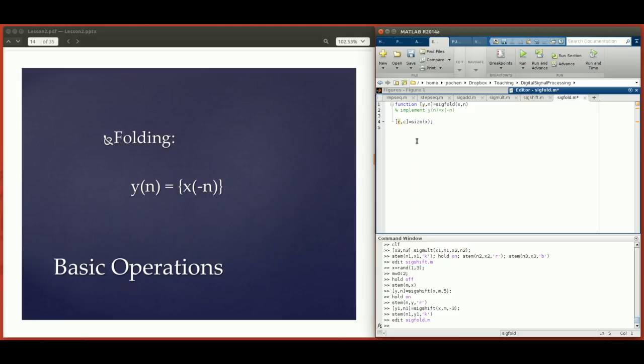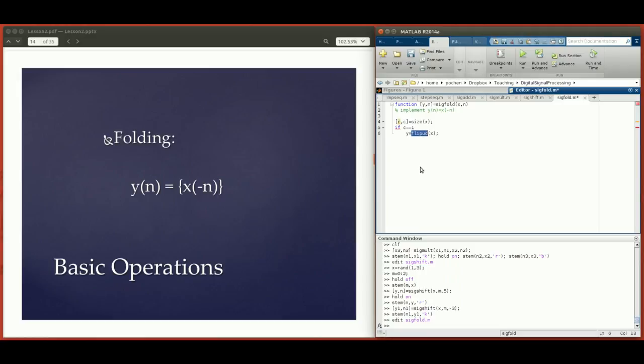So if c equals 1, I'm comparing c with 1, so is the column number equal to 1? If it is just one column, then it's a column vector with multiple rows. Then y is going to equal flipud x. Flipud is an intrinsic Matlab function that basically reverses the elements inside a column vector.